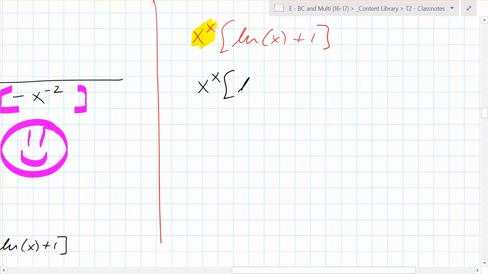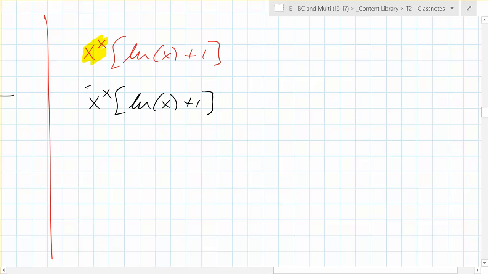We already did it. x to the x, ln x plus 1. That's the derivative of the first times the second, plus the first times the derivative of the second, correct?